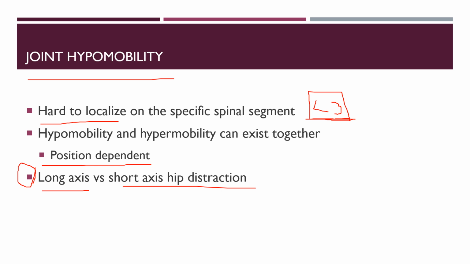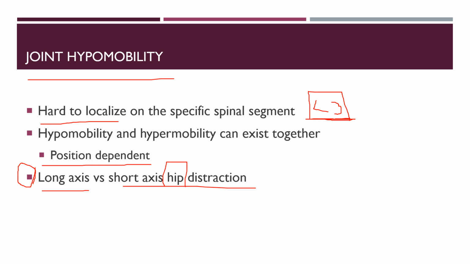So long axis would go through the hip, essentially through the knee, sometimes through the ankle, and you have to rule out if there's any hypermobility in those joints or if it's appropriate to mobilize through those joints. But we're also going to do something like a short axis distraction, which we can take the knee out. We're still going to get through the hip some because that's just part of the short axis distraction. But it's really good, this long axis and short axis distraction, not only for the lumbar spine, but for the hip joint itself.